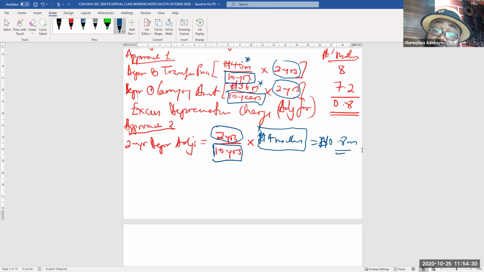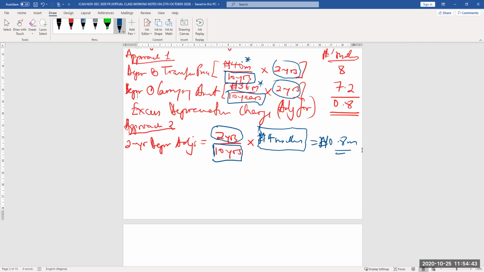But remember, if the profit of the subsidiary has been suppressed before now, who do you believe ultimately is affected? NCI. I guess the NCI are affected. You are making a mistake.